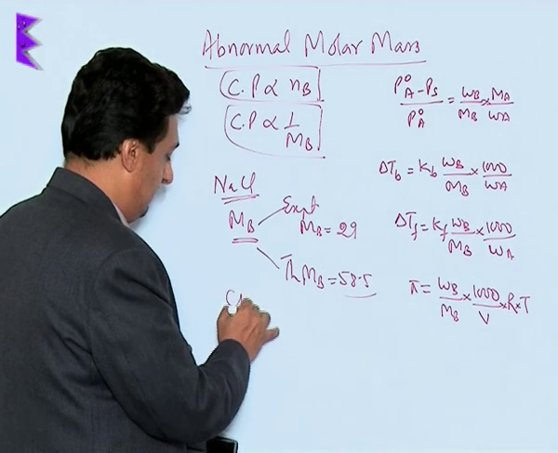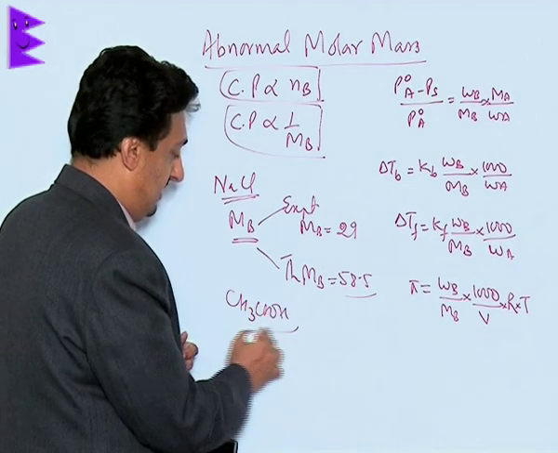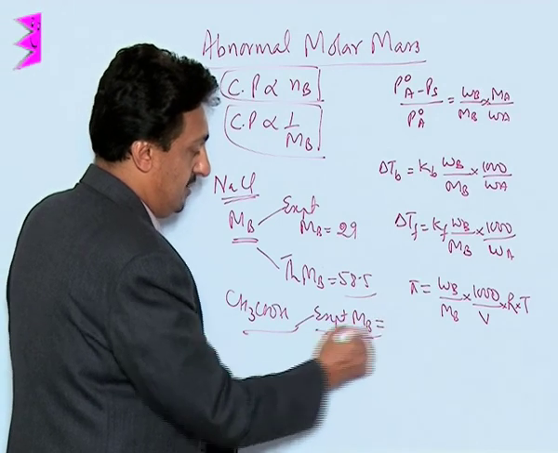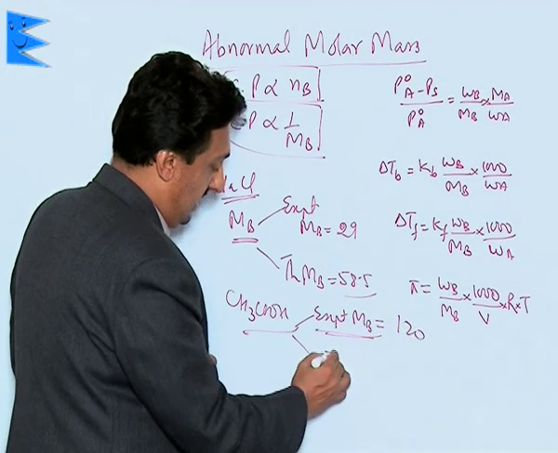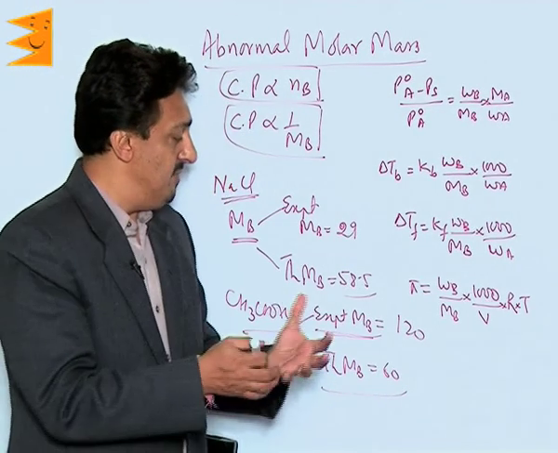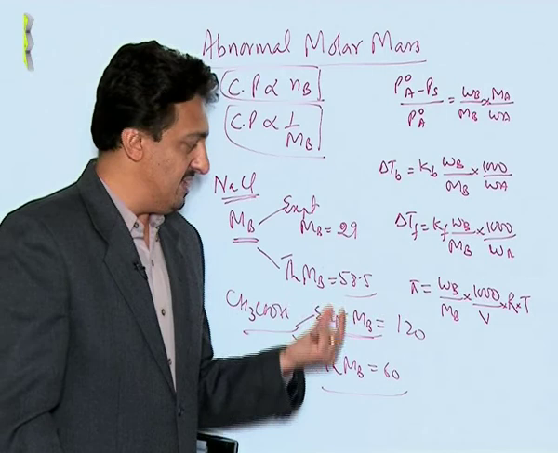Then another example is acetic acid. Its experimental molar mass was found to be 120, whereas its theoretical molar mass is 60. So these are certain examples I have given you.